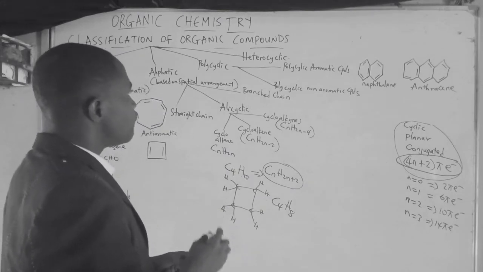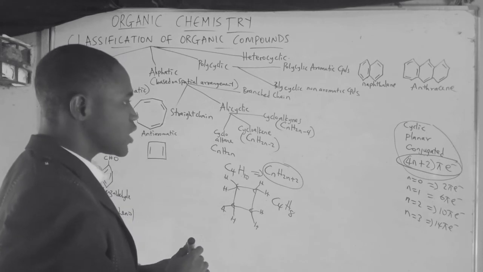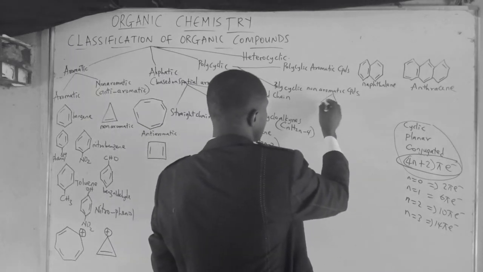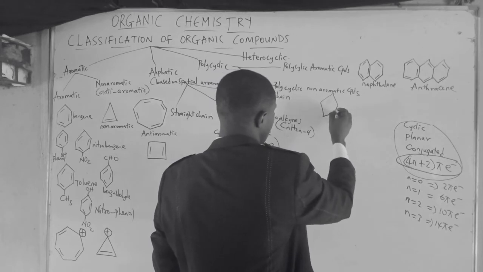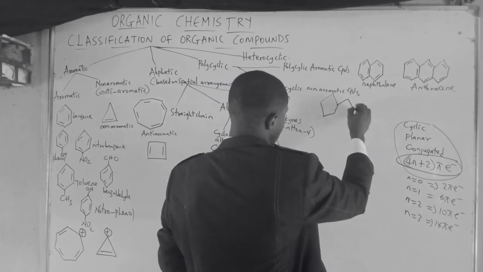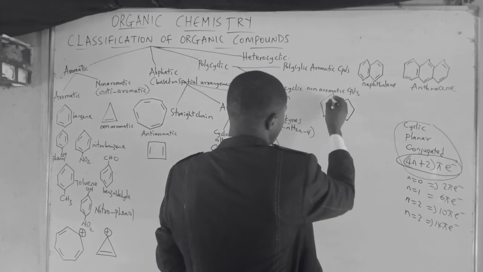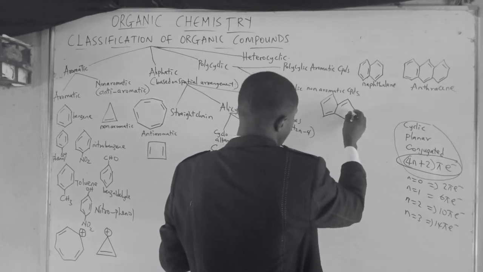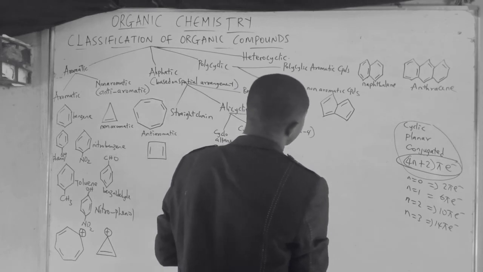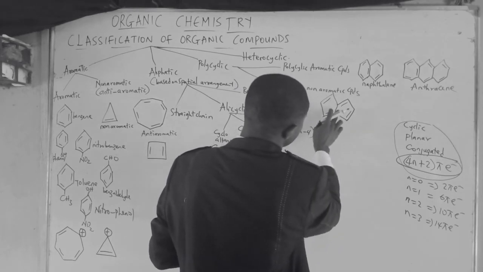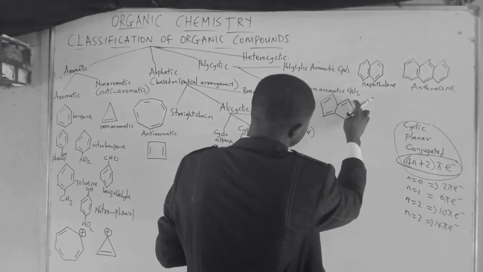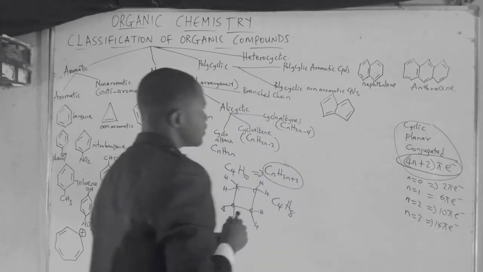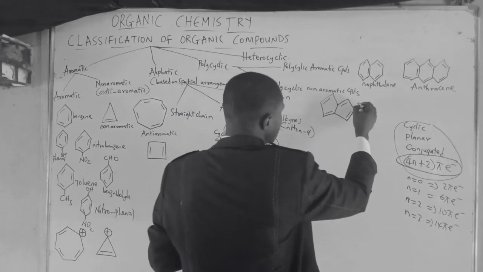Then for polycyclic non-aromatic compound, what example do we have? We have pentalene. Okay, this is pentalene.